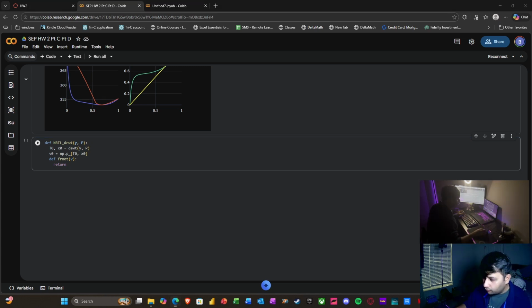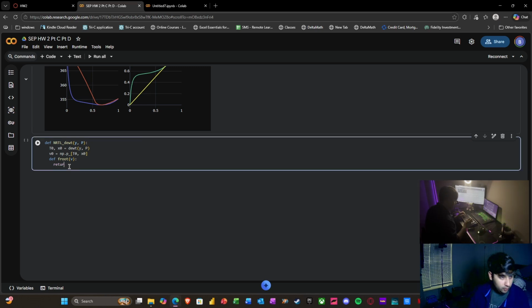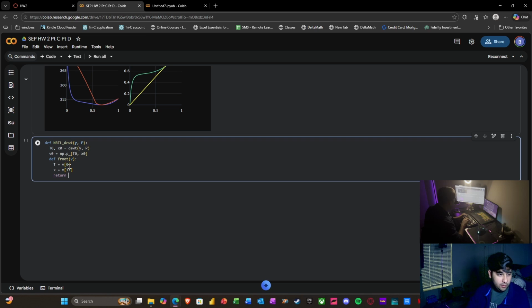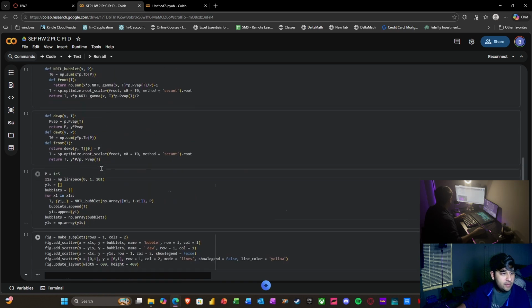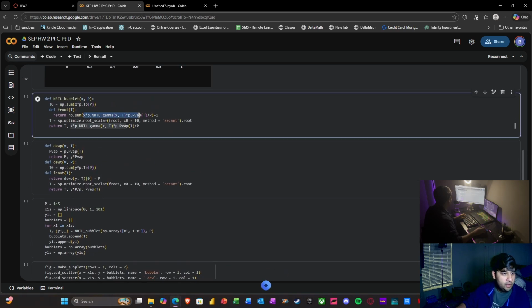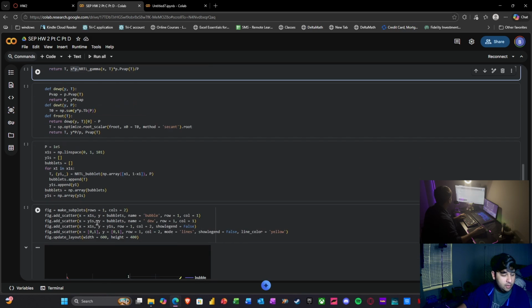Before we start with return, we're going to define our temperature, which is just our initial V, and then X, which is all the other values after that initial value. Then we can return with P, and we're going to use a slightly similar equation.